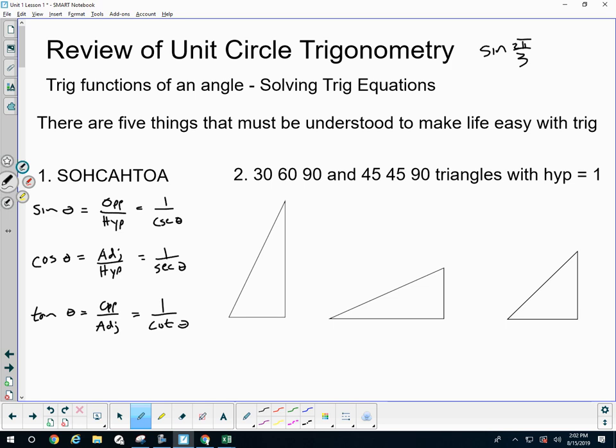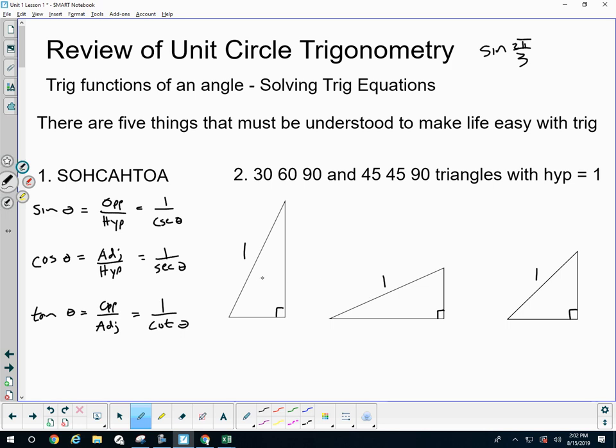Second thing I need to know are the side lengths of a 30, 60, 90 and a 45, 45, 90 triangle with a hypotenuse 1. So all of these right triangles have a hypotenuse of 1. Might not look like they're the same length, but let's just pretend.